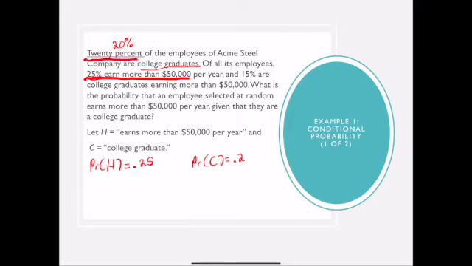Let's convert that to a decimal, 0.20. And 15% are college graduates earning more than $50,000 a year. Those people are in the intersection of earning more than $50,000 per year and being a college graduate.